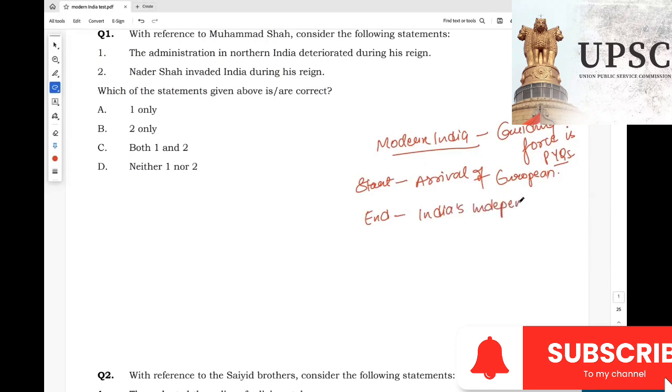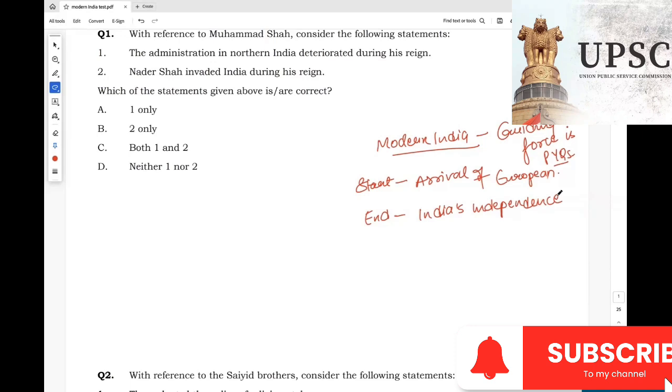That's why you will find that most of the books you read, I hope many of you are going through the book known as Spectrum, right? In that particular book written by Rajiv Ahir, you'll find that the book starts from the arrival of the Europeans, the arrival of Portuguese, French, and English, and many others.